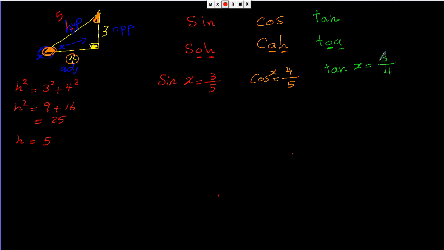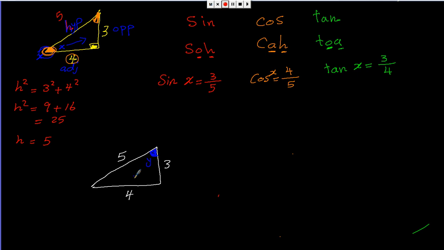If we draw another triangle here, the same one, with 3 and 4 and 5, but we will find the main trigonometrical ratios not for this angle, but for this one. We will call it angle y.